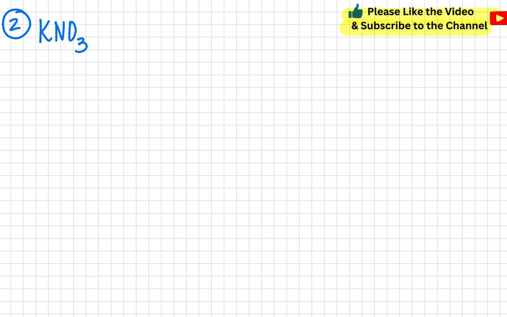Okay, KNO3. I'm going to write that the molar mass, once we do what we're supposed to do using the formula and the periodic table, is 101.11 grams. Then we're going to strategically go from left to right and do the same formula for each element.